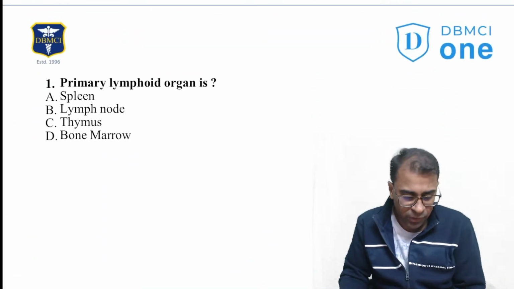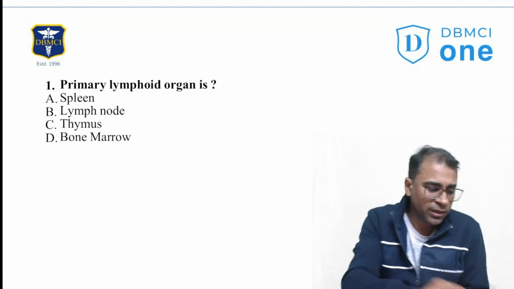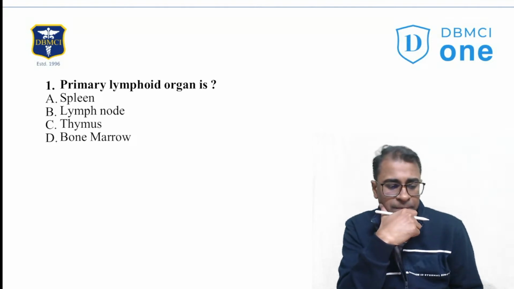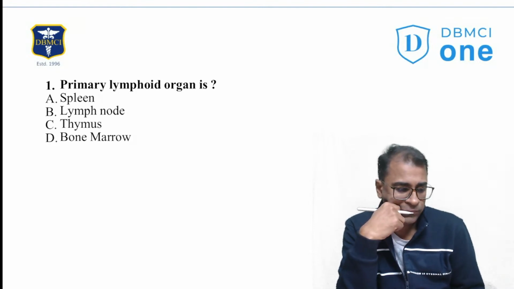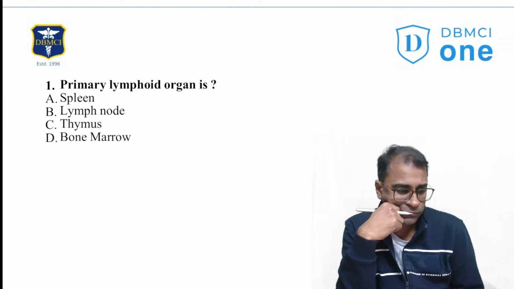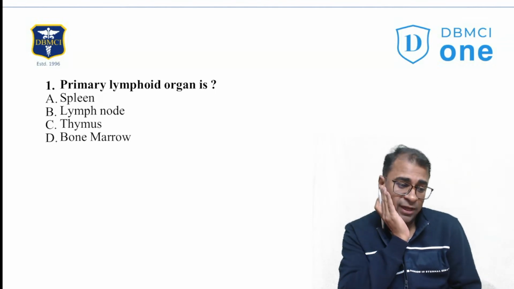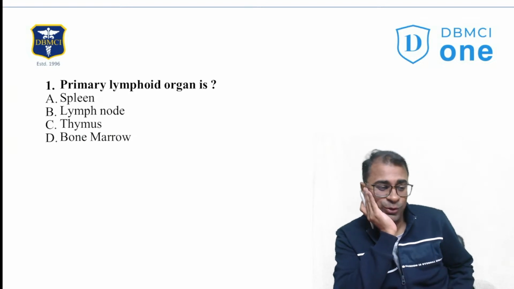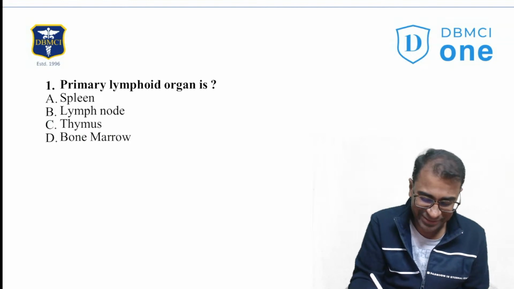First one, primary lymphoid organs. What is the answer? Yes, I will send it in the PDF. Did I say Jan'25? I didn't say Jan'25, it might have been just a slip of tongue.